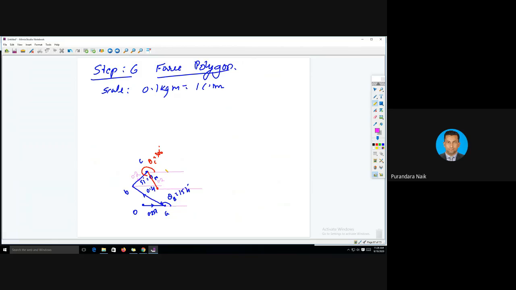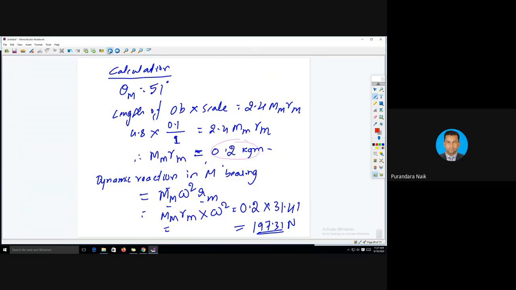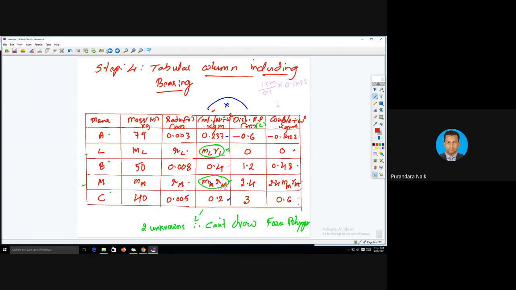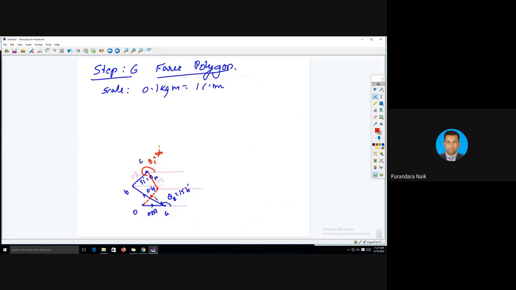To close it, you need to join the line with a dotted line. This line indicates MLRL, and the corresponding angle is theta L. Measure the angle of theta L. I am getting theta L around 235 degrees.